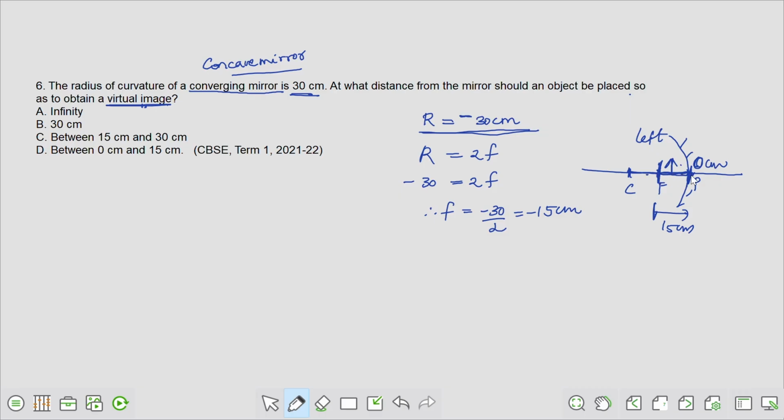Between this range, 0 to 15 centimeter, you can place the object here or here or here. So that is the range. What is the answer? Between 0 and 15, so option D. Now the next question, the 7th one.